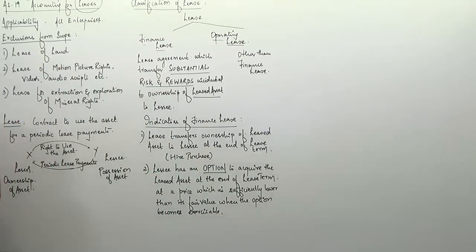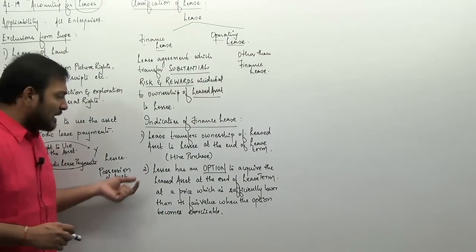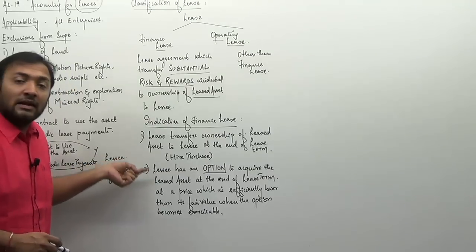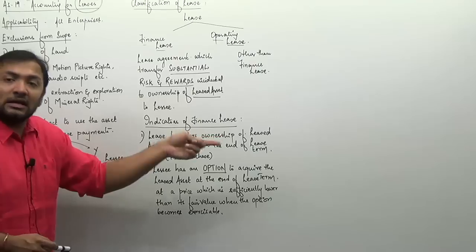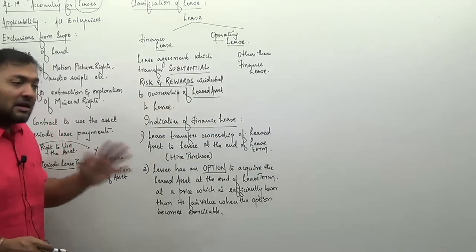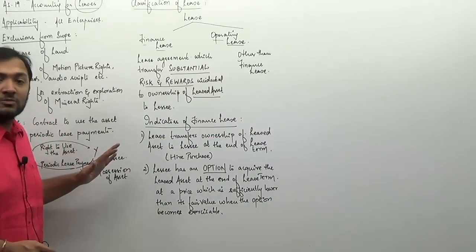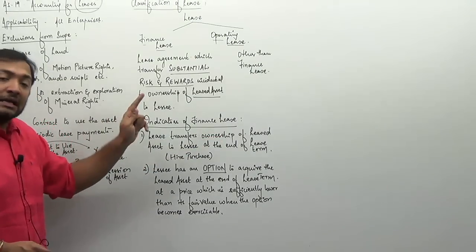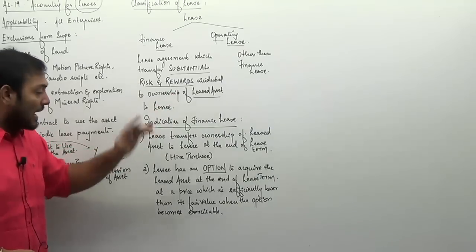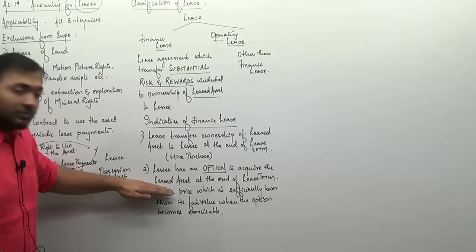This I can call an additional condition. So, in the second point, the first part we have seen, the lessee has an option to acquire the leased asset at the end of the lease term. The lease as such is not transferring it to the lessee, but the lessee can buy the leased asset at the end of the lease term.